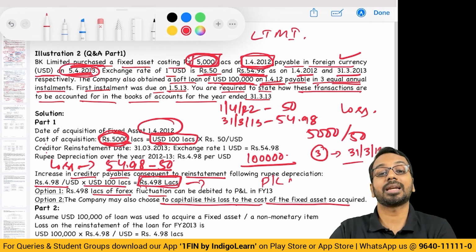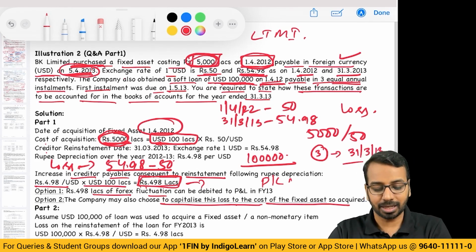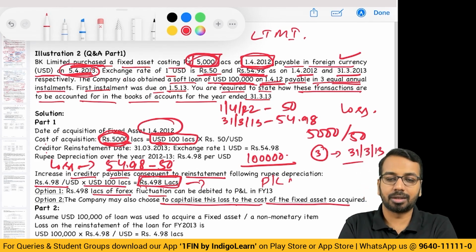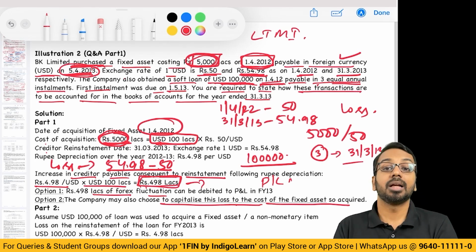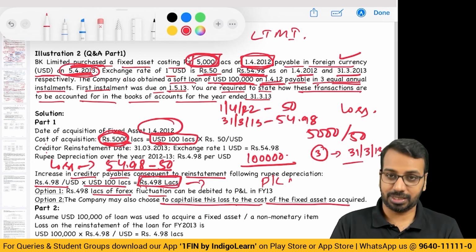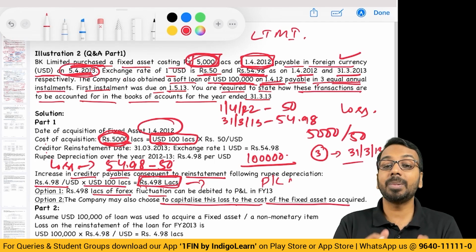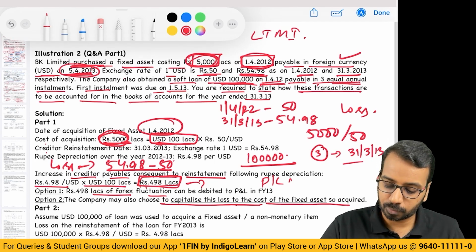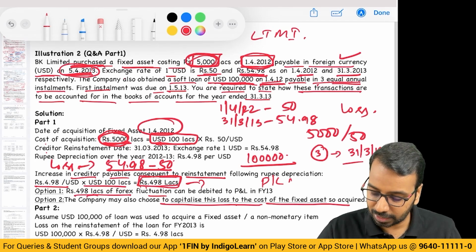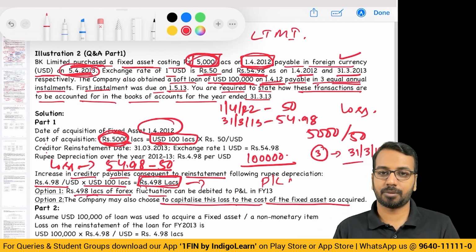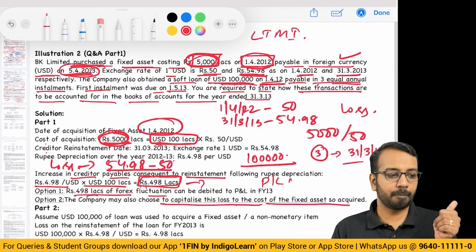Why? Because paragraph 46A gives me an option that if I have incurred a long-term monetary item and there is an exchange difference on that, in relation to acquisition of a fixed asset, the loss can be added to the fixed asset cost. Okay. So in that case, 498 will be added to the fixed asset cost. Clear? Any confusion here?